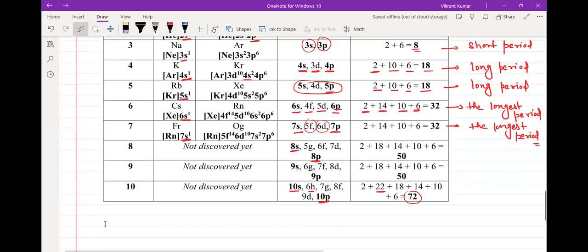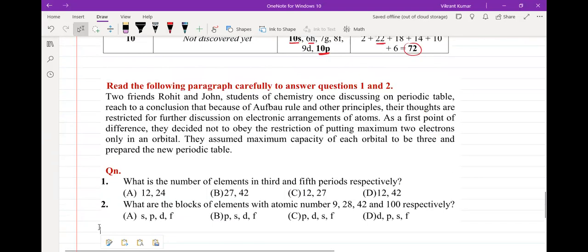Okay, I want you to solve a question based on a paragraph. Solve this question. Sir, is it C?